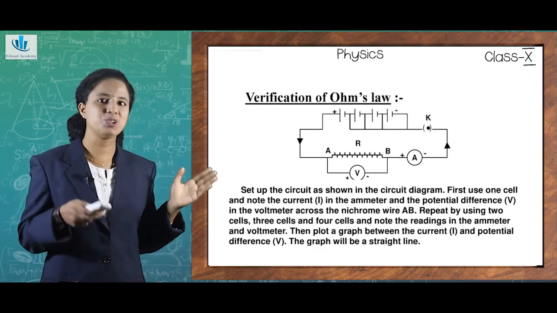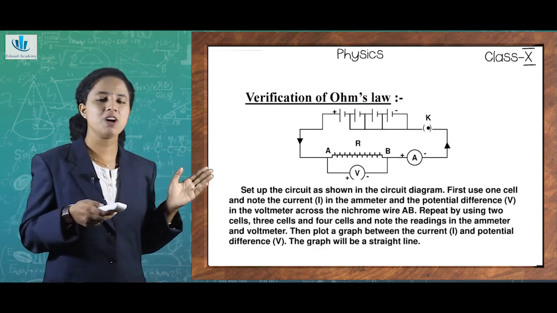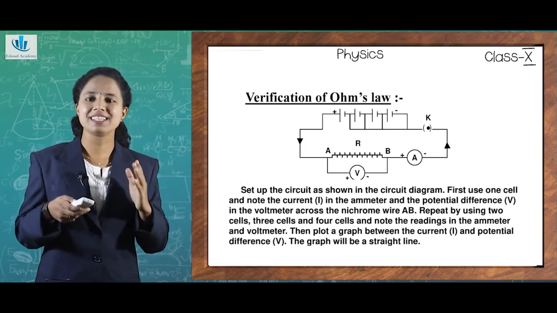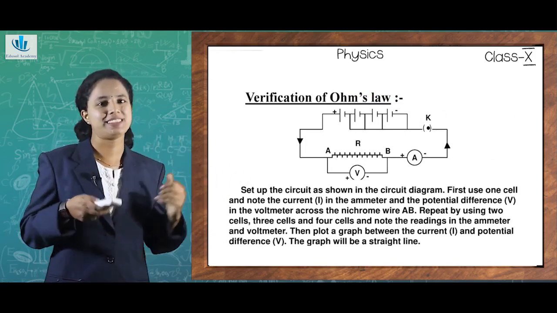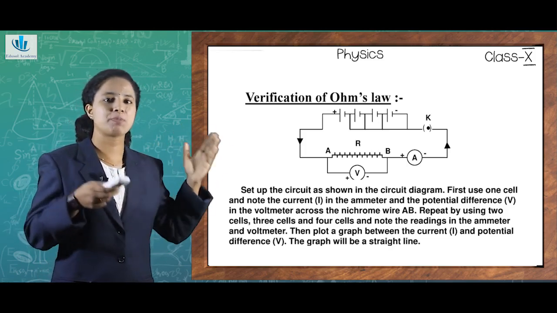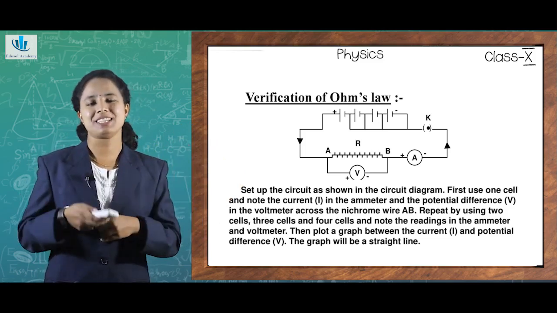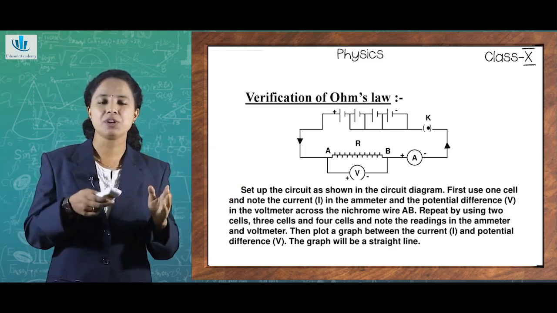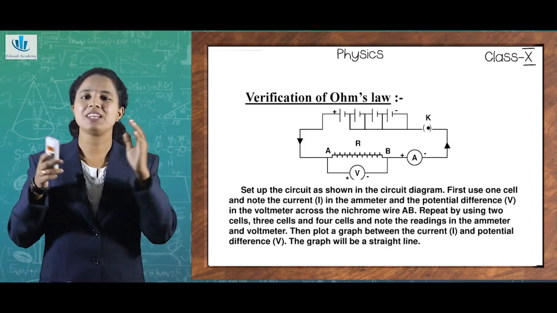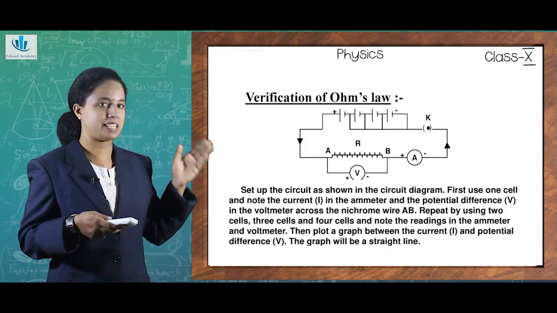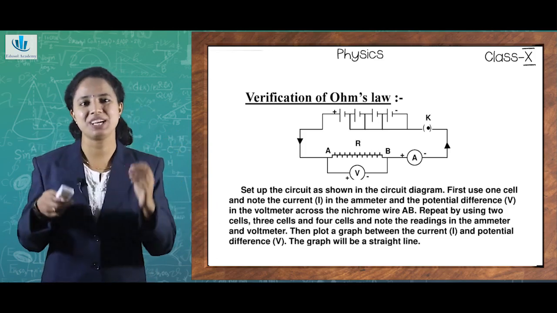So this is a circuit which shows the verification of Ohm's law. Ohm's law states that I is directly proportional to V. That is, the current flowing is directly proportional to the potential difference across the ends of the conductor. So we need to identify and verify whether I and V are proportional. For that, I have set up a circuit as shown in the circuit diagram.